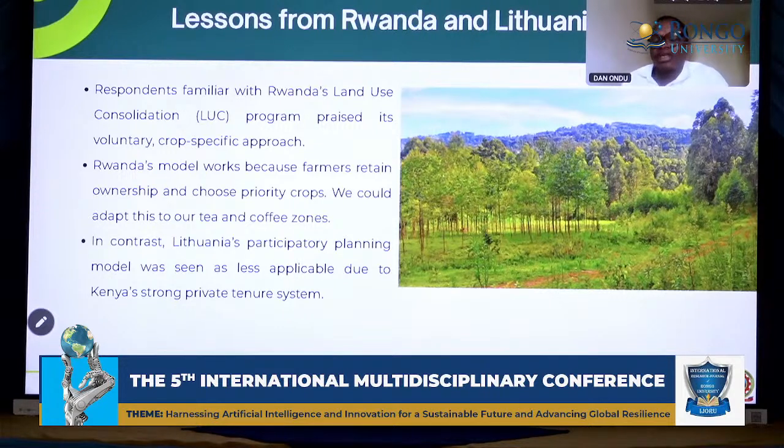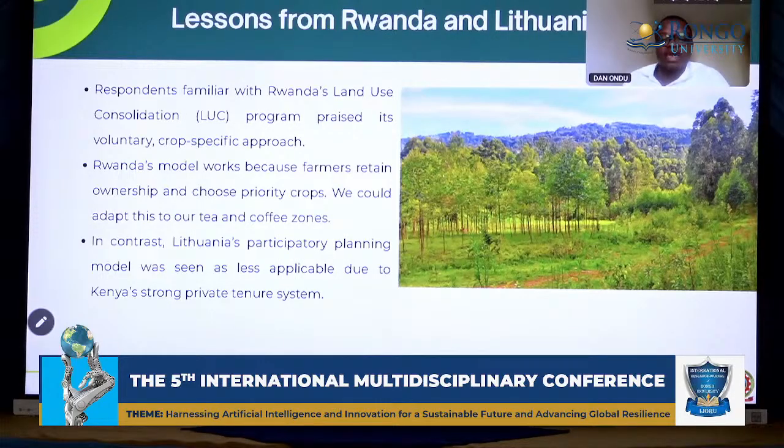So, from the community discussing these two models, in this slide you realize that the farmers were more inclined to Rwanda's model, where they were more comfortable with retaining the ownership of the land while consolidating the uses of that land.